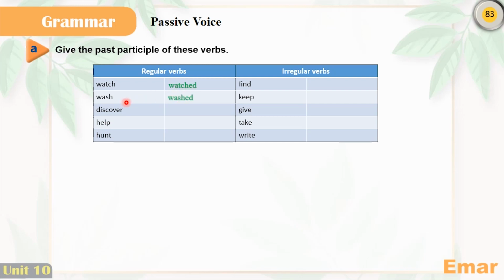Wash, washed. Discover, discovered. Help, helped. Hunt, hunted. On the other hand, we have irregular verbs, like the verb find, found, keep, kept, give, given, take, taken, write, written.